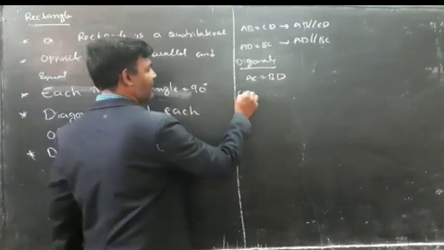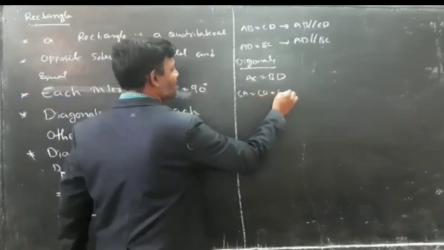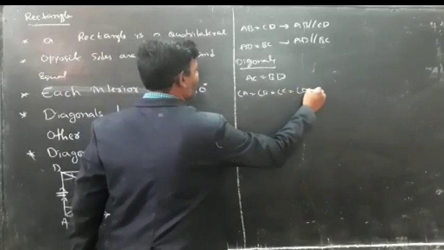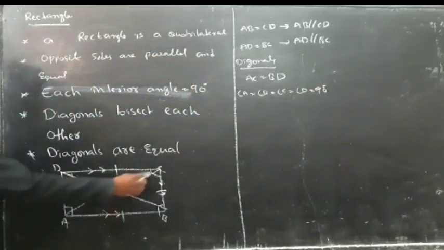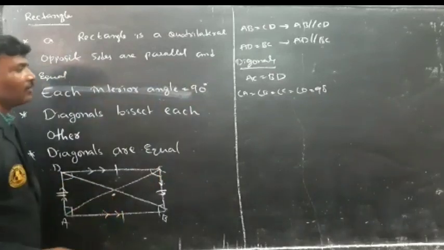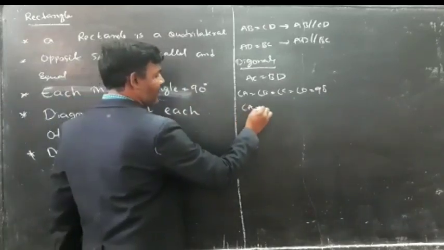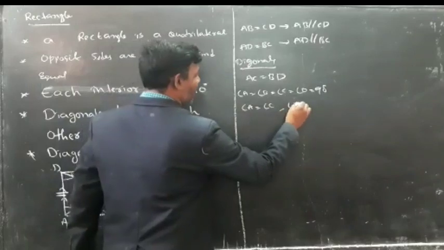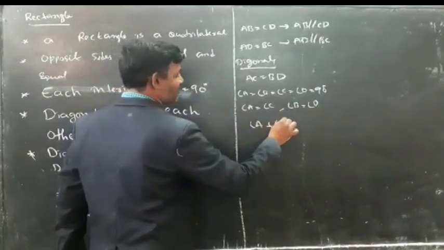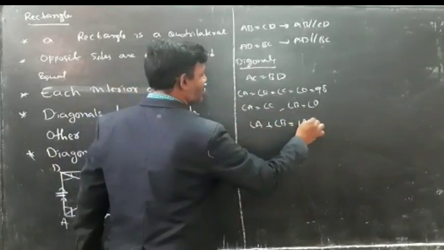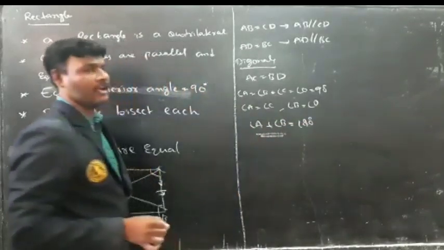It means angle A, angle B, angle C and angle D are equal to 90 degrees. In a rectangle, opposite angles are equal: angle A is equal to angle C, angle B is equal to angle D. Adjacent angles are supplementary: angle A plus angle B is equal to 180 degrees.